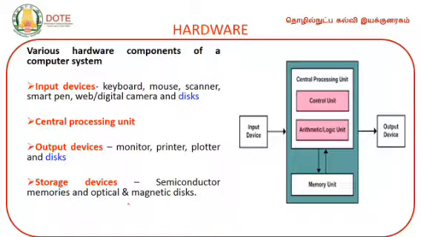Storage devices: the data processed or data required are stored in the memory and external storage devices. These storage devices are used to hold the data. There are different types of storage devices like semiconductor memories and optical and magnetic disks.